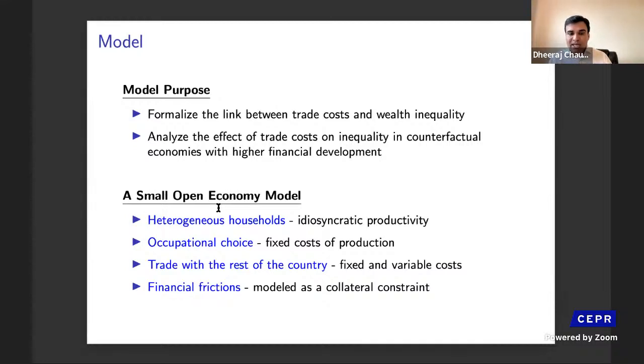Previous work has shown that models with only labor income productivity are not able to generate this thick tail of the wealth distribution. Wealth distribution tends to be highly concentrated, and models with entrepreneurship are able to generate realistic wealth distributions. And since my goal is to study the effect of trade cost on wealth inequality, it is imperative that I generate realistic wealth distributions.